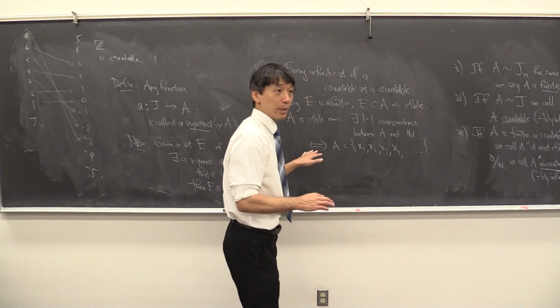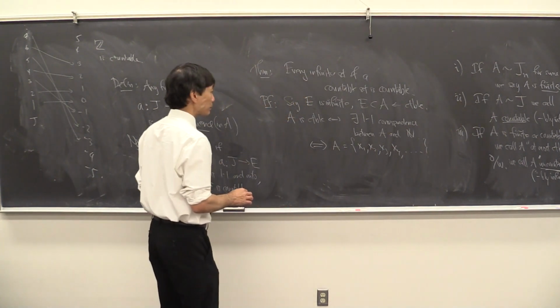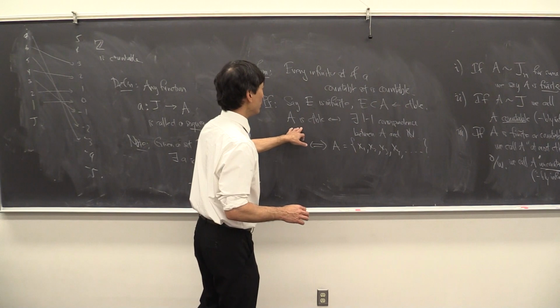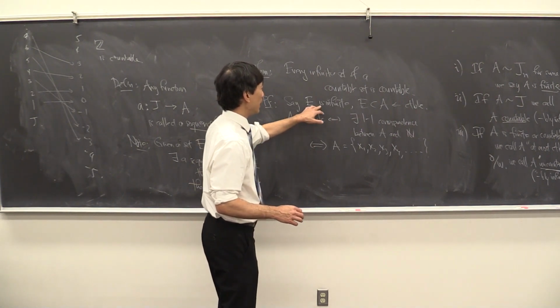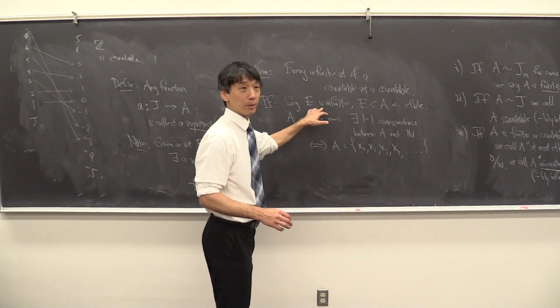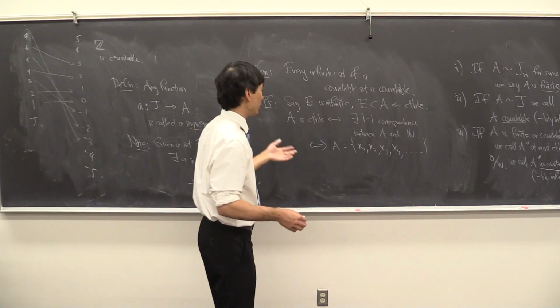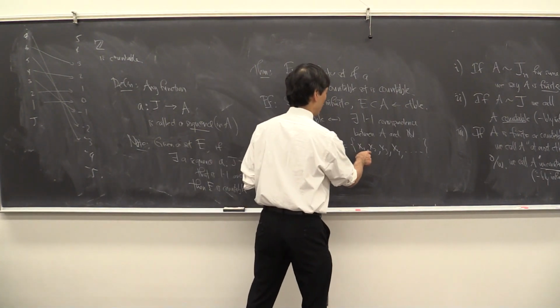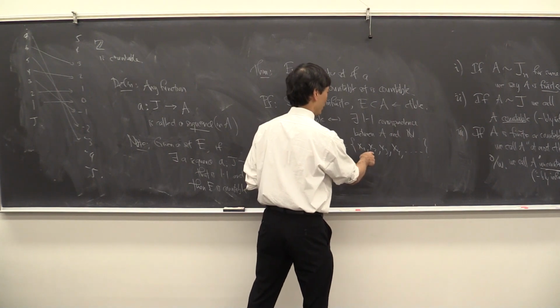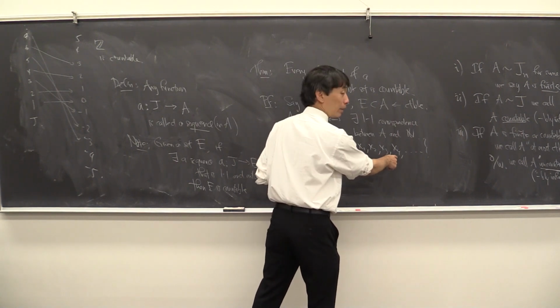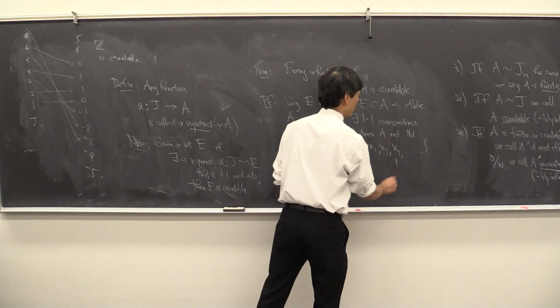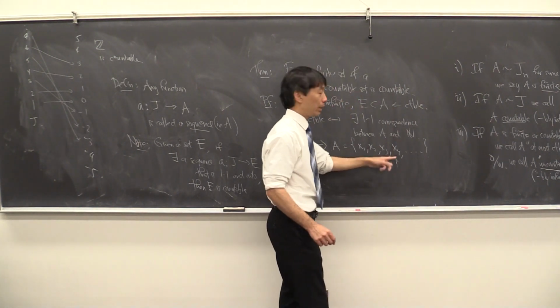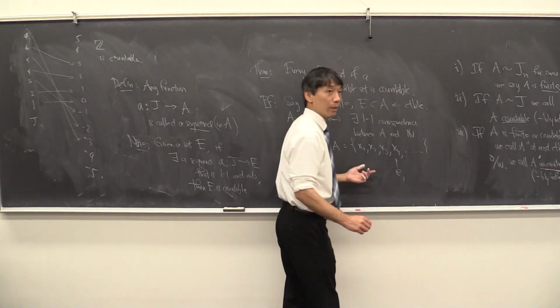So what we want to show is that E can be made into a sequence. We do the obvious thing. We go through and say, are you in E? No. Are you in E? No. Are you in E? No. And then we mark the first one that is in E, and we call that E sub 1.